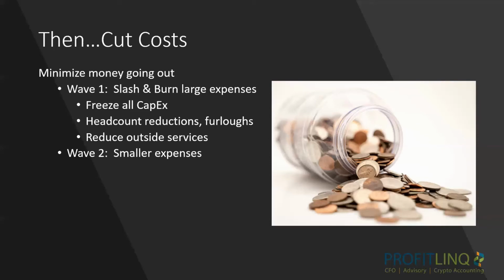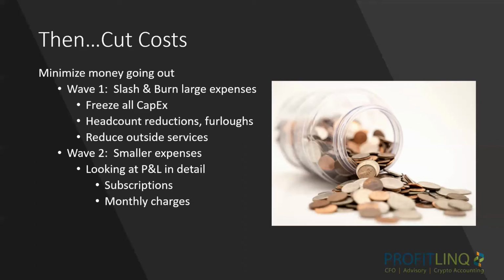Wave 2 is really what we call sometimes looking under the couch cushions for some smaller savings. But when you take some of those smaller savings, some of them can add up significantly over the course of a year. So again, going back for a second tranche, looking at your P&L in detail, looking at things like your subscriptions and your monthly charges. Are you using all of your phone lines, your services? Do you have licenses for people who are no longer with your company?